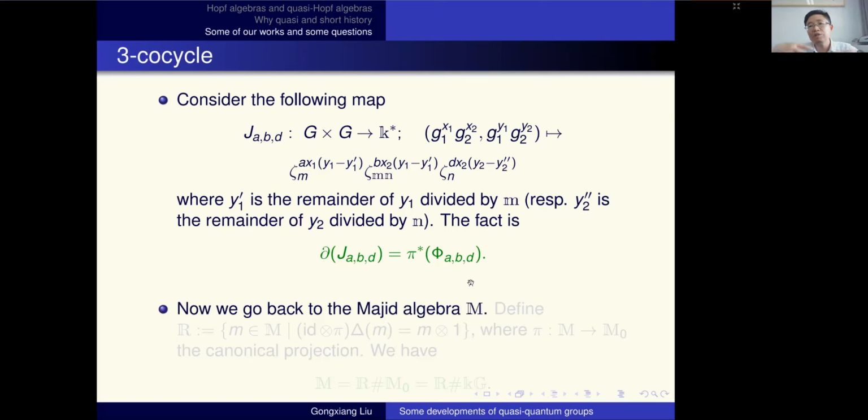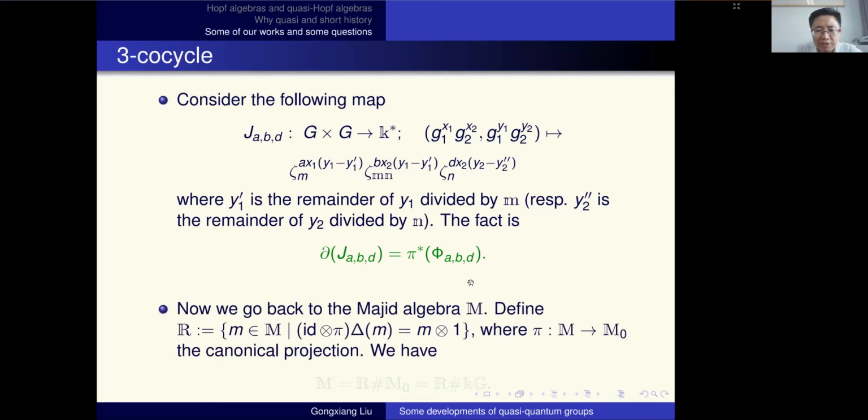Next, we should remove our concentration on the M1 part. So to consider this part, we need to divide M into two parts. One is M0, another part is R. R, if you are familiar with the theory of Hopf algebra, sometimes is called a Nichols algebra.